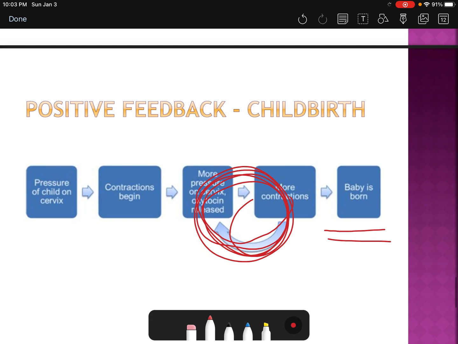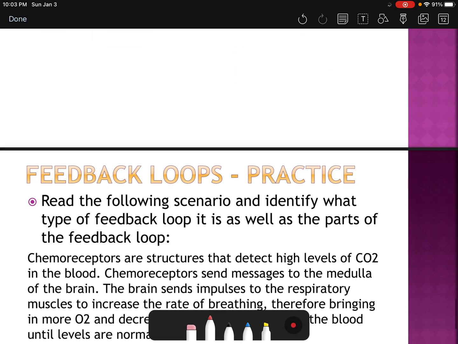You know how much women would love it if all you had to do is have one contraction, push once, and the baby's out? Yeah, that'd be great. Unfortunately, it's not like that. So it's a positive feedback loop. It's going to keep going and going and going, moving you away from that set point until finally the baby is born.